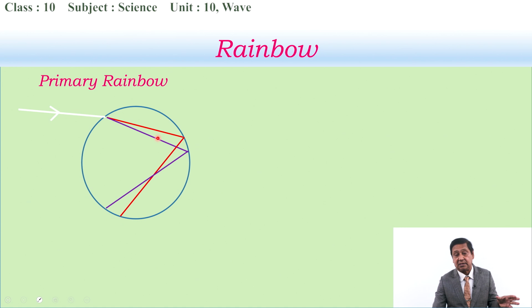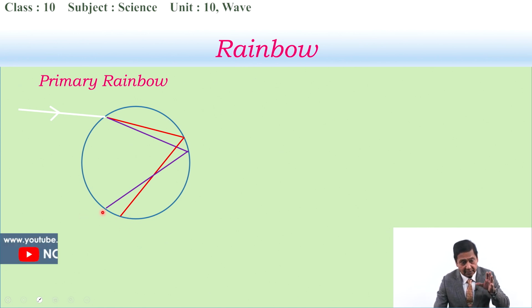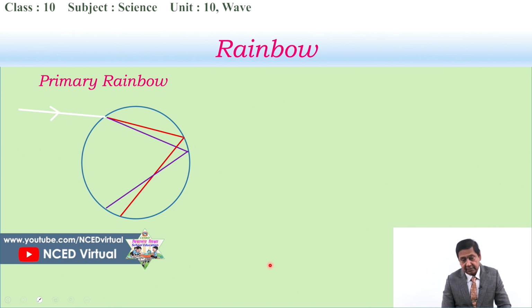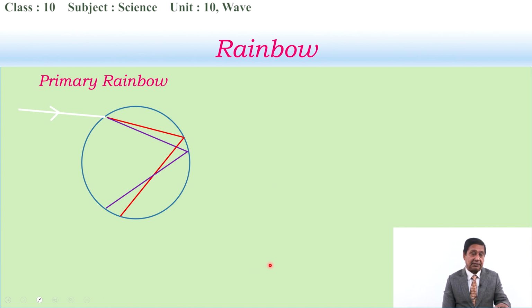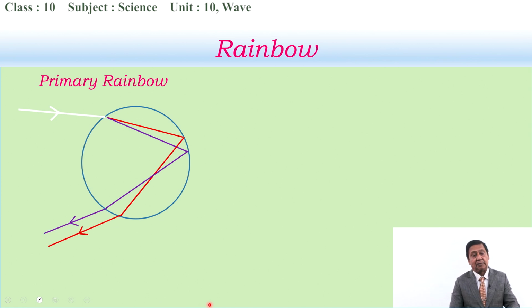That's why instead of refraction, it reflects back in the same denser medium, in the same droplet, and reaches this surface. And now at this surface, simple refraction takes place because light is traveling from denser medium water to rarer medium air, so it bends away from the normal, and this way it comes out.